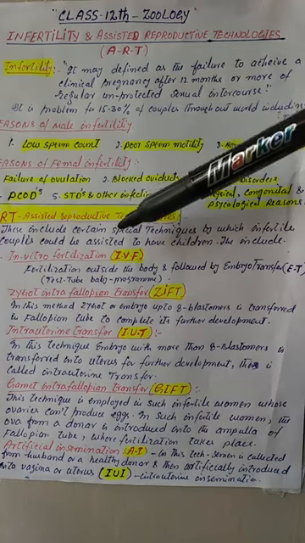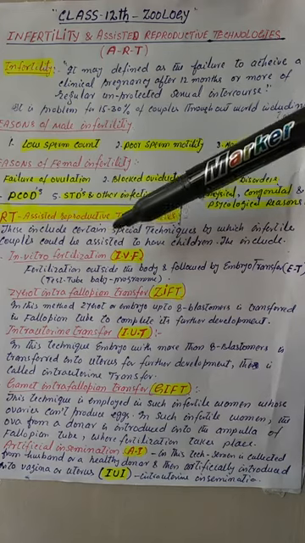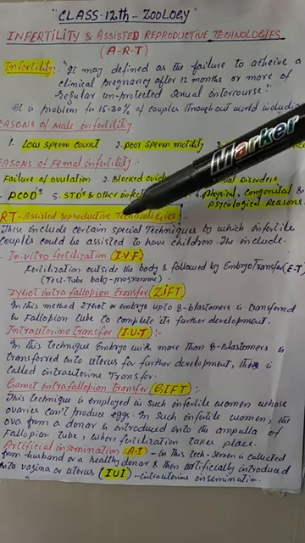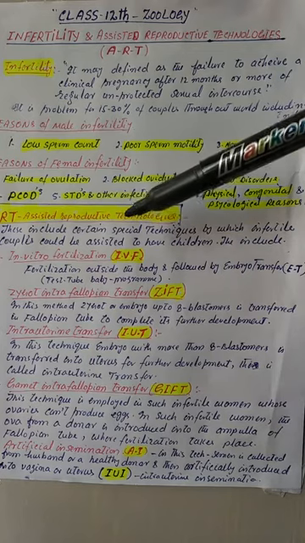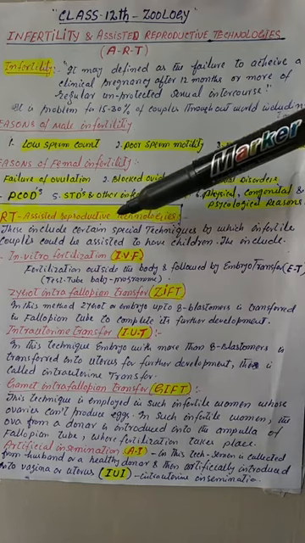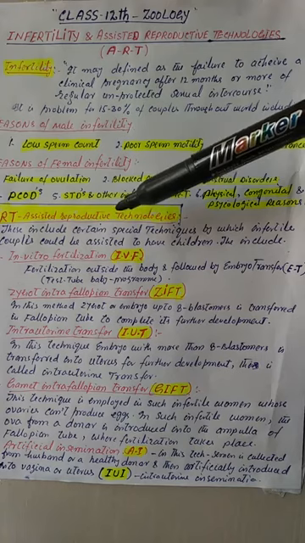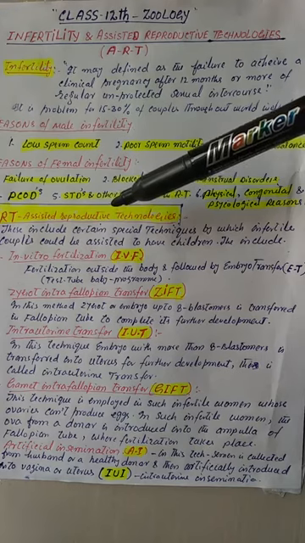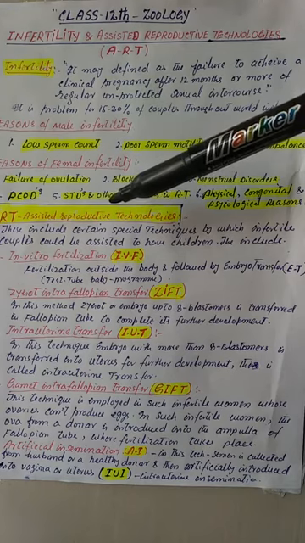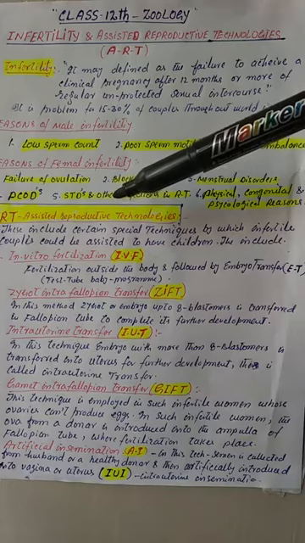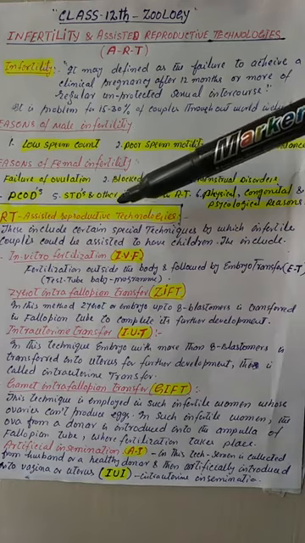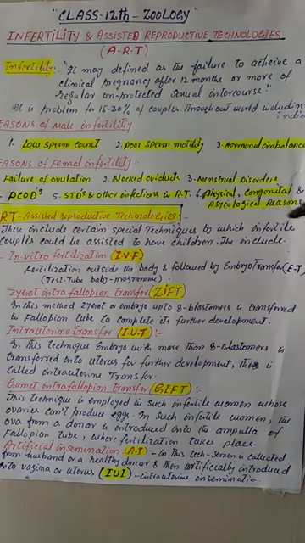In this technique, the fertilization of egg and sperm is induced outside the body in almost similar conditions as in the body, followed by embryo transfer, abbreviated as ET.